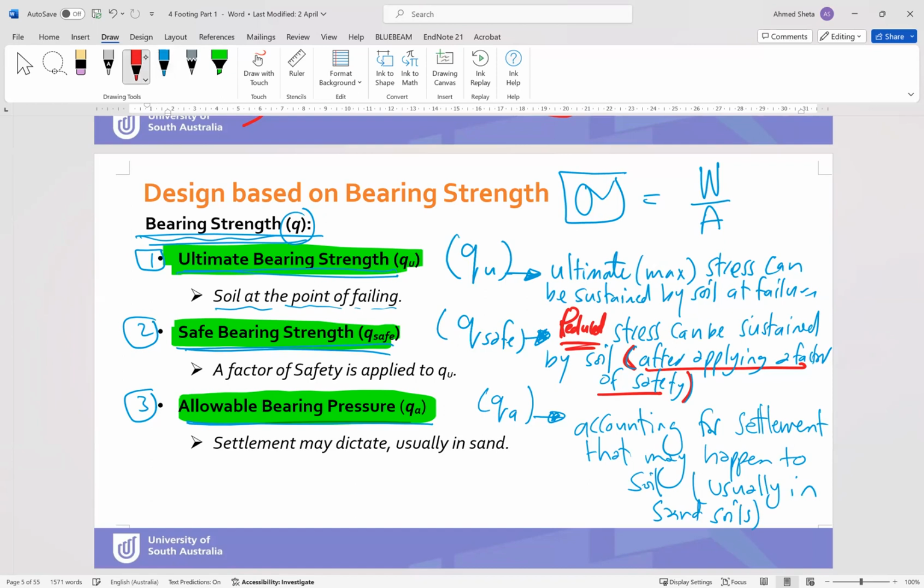So QA is accounting for settlement, usually in sand soil.